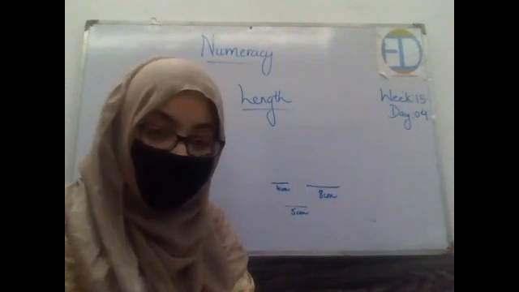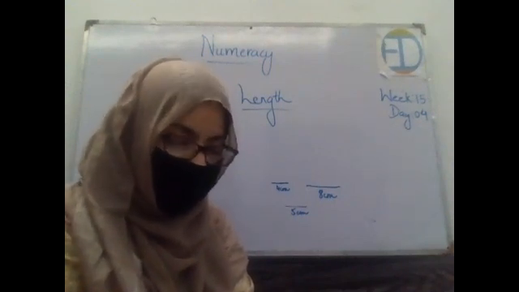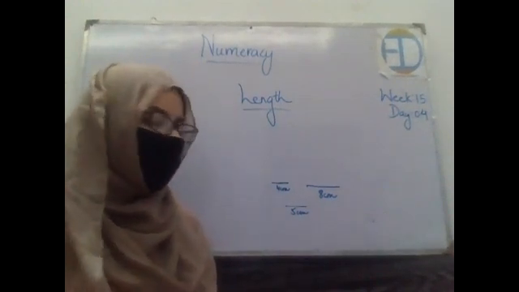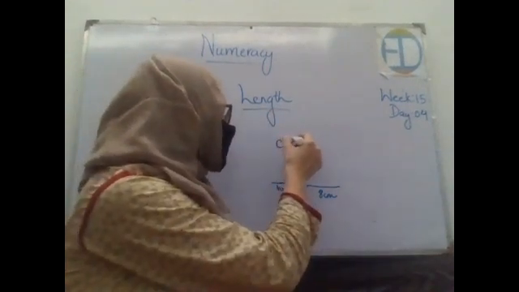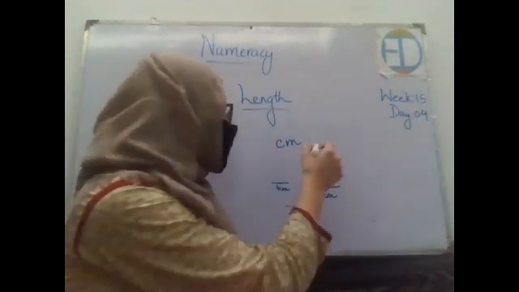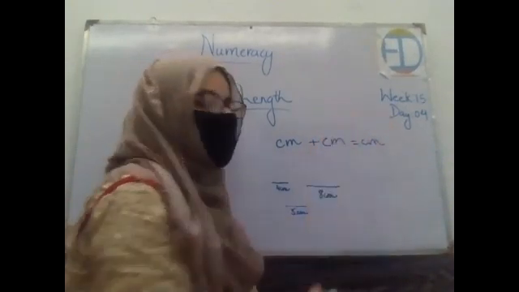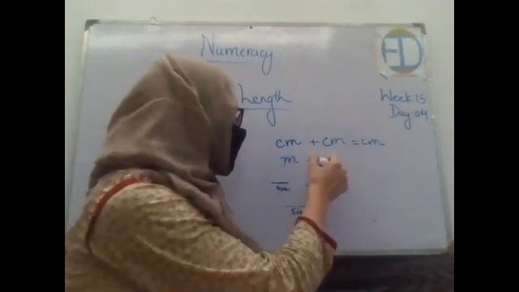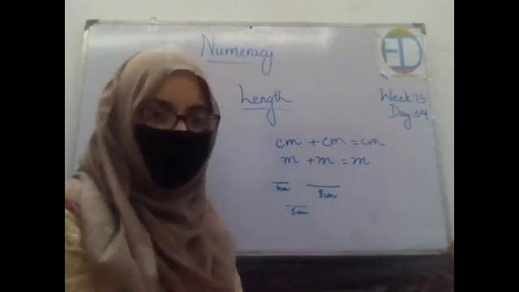Harry is 97 centimeters tall. His father is 80 centimeters taller. What's the father's height? Okay, before doing this exercise, remember one rule. When the two measurements are given to you in centimeters, when you add them, the answer will also be in centimeters. When the two measurements are in meters, when you add them, the answer will also be in meters.